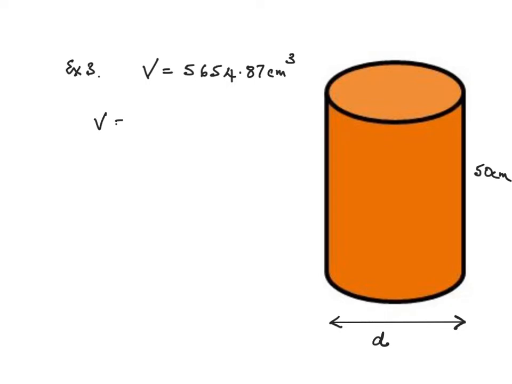So volume equals pi r squared h. 5654.87 equals pi r squared times 50. Now, I want to get r squared on its own, so I'm going to have to get rid of 50 and pi. Those quantities are multiplying, so divide by 50 pi.